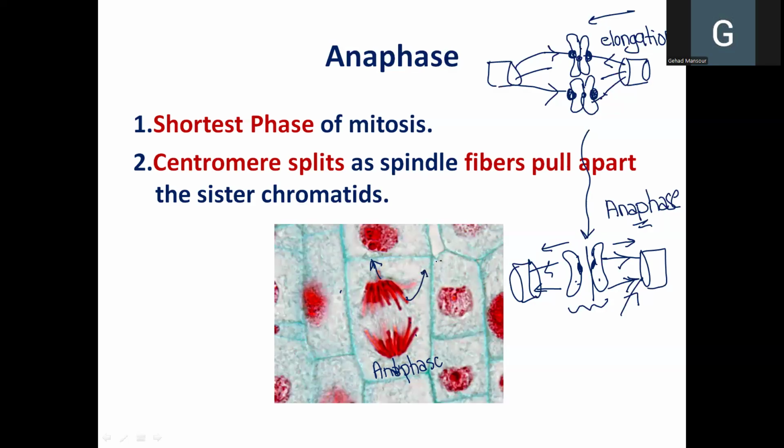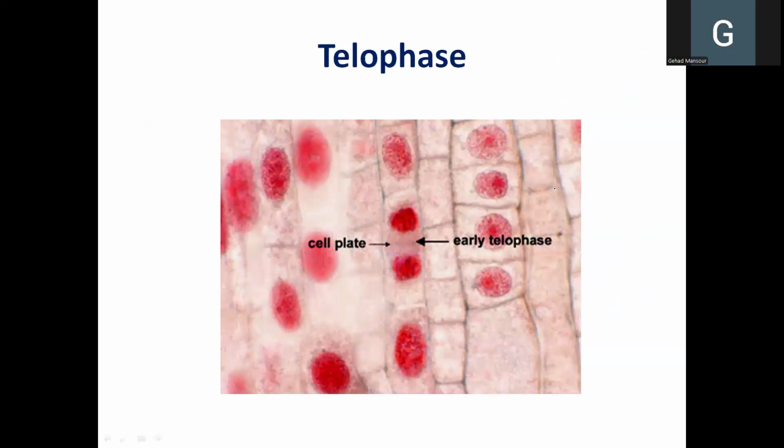So every one of these is a sister chromatid, or a non-duplicated chromosome, or a single DNA molecule. And then in telophase, we have early telophase and late telophase. In telophase, we start reversing the process, but not all the steps will be reversed.